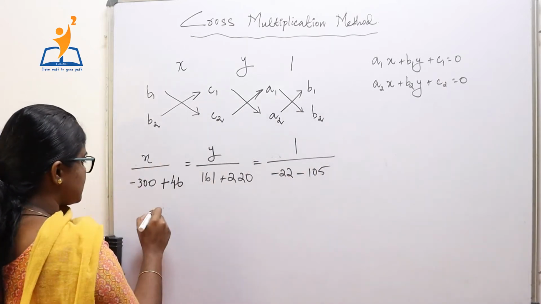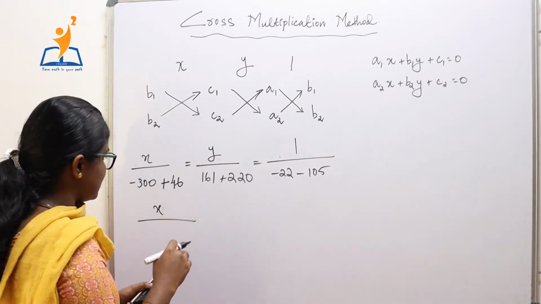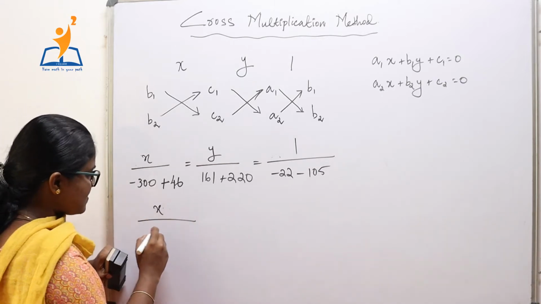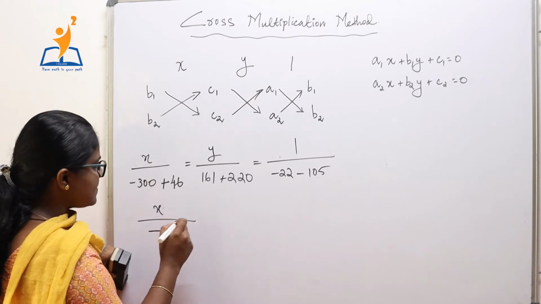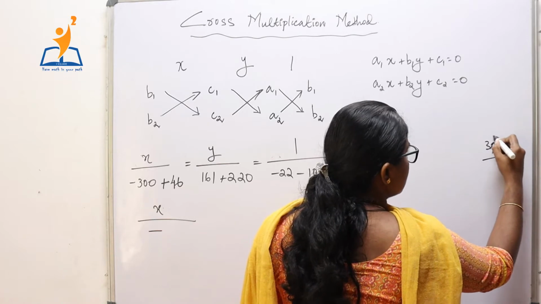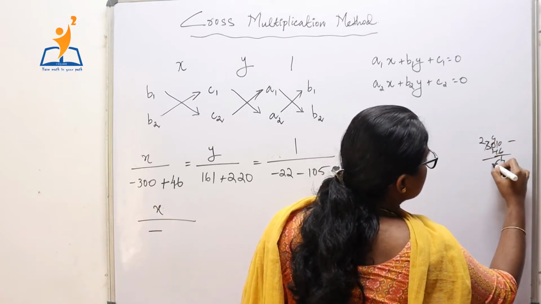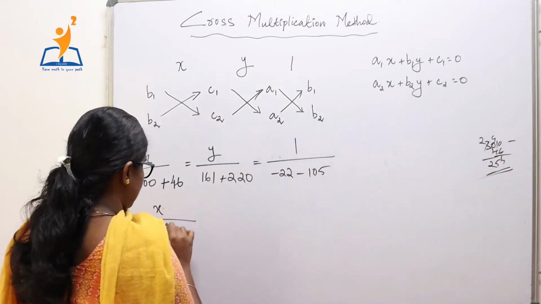That is x by minus 300 plus 46. So we will get it as minus 300 minus 46 is minus 254.